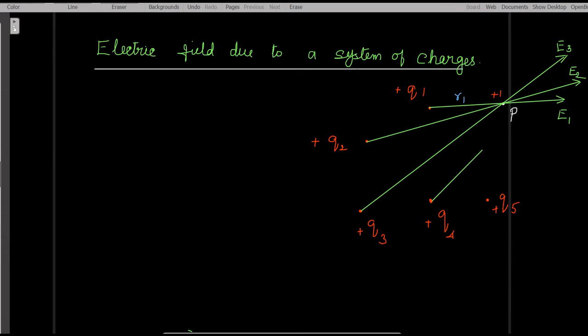Due to Q4, this unit positive charge is repelled, and that force is represented as E4, etc. Again here plus Q5 is also there. Due to that plus Q5, the unit positive charge is repelled, and that force is represented as E5.